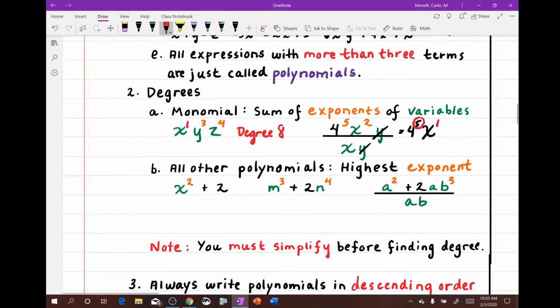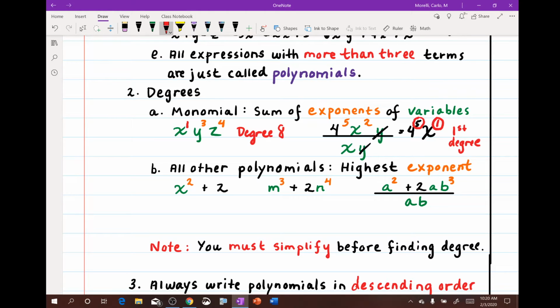So just count this one here. 1st degree monomial. So monomials are the only weird ones. The rest of them are very easy. All other polynomials, you just count the highest exponent.